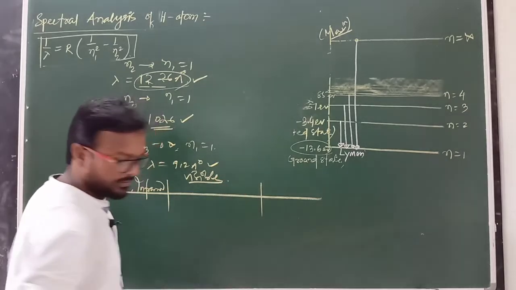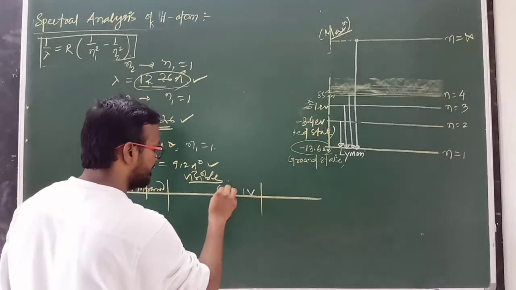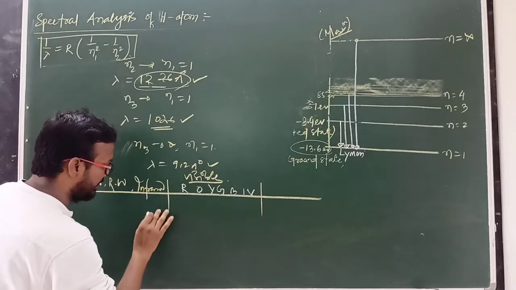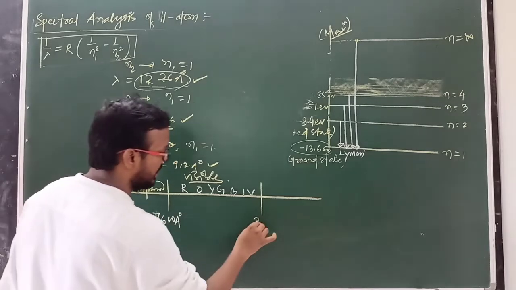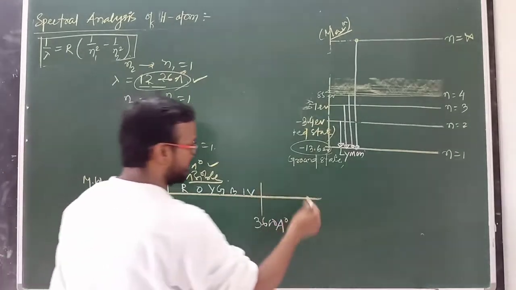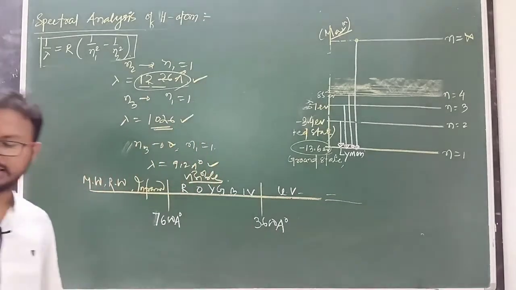And in the visible region we will find the 7 colors of light, VIBGYOR, and it consists of wavelengths from 7600 angstrom to 3600 angstrom, in this range. And after that you will get ultraviolet radiation and like that, X-ray, gamma ray, and so on.